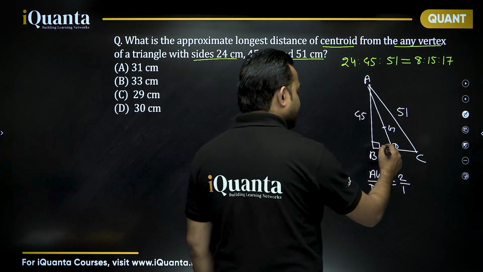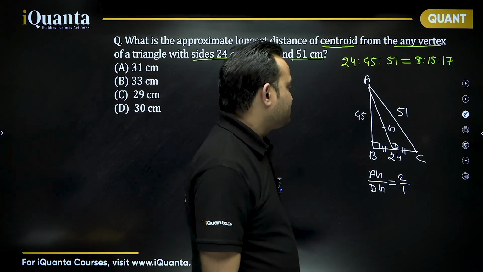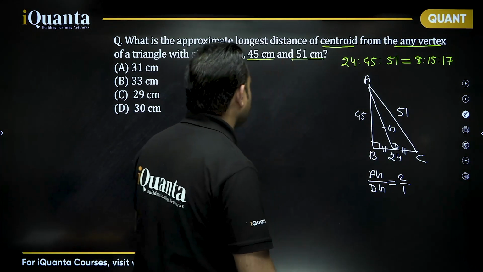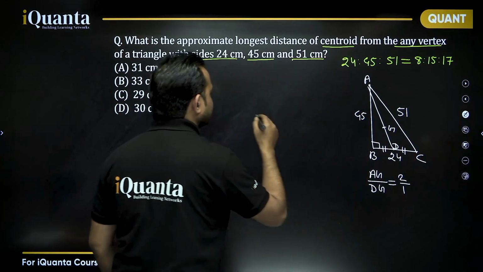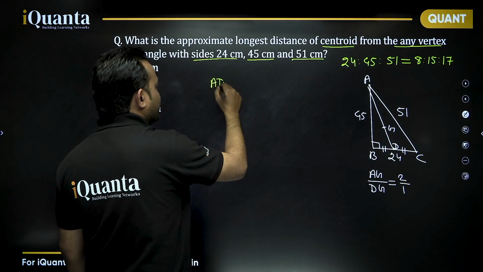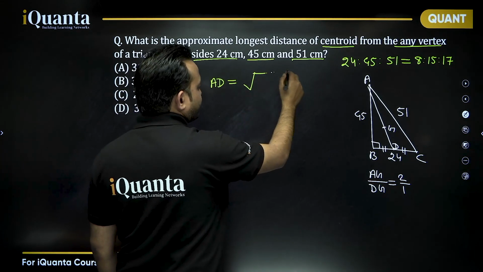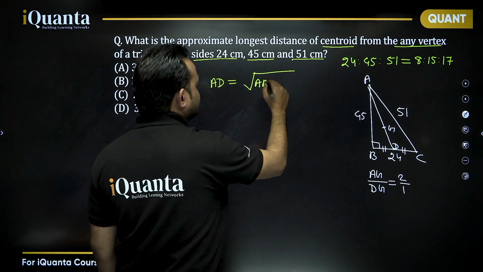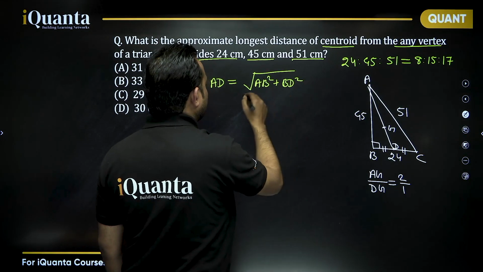And as BD is equal to DC, we can say BD will be equal to 12. So from there we can find the length of AD. AD will be equal to the square root of AB square plus BD square.